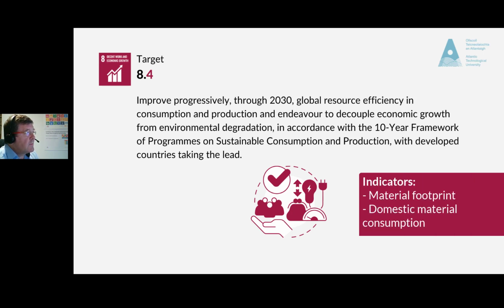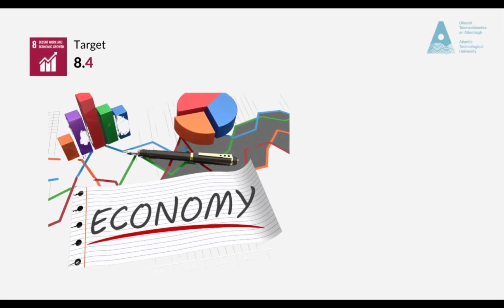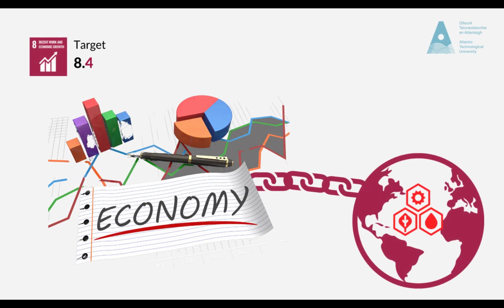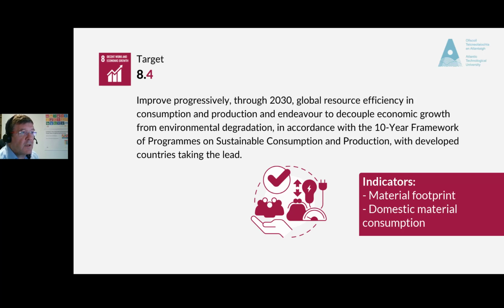Indicators are the material footprint per capita and material footprint per GDP, domestic material consumption per capita and domestic material consumption per GDP. So we have to be very careful about the linkage that we have between economic growth and environmental damage. And as the target points out, decoupling economic growth from environmental damage is absolutely essential going forward.